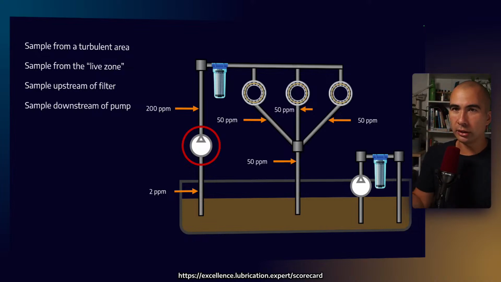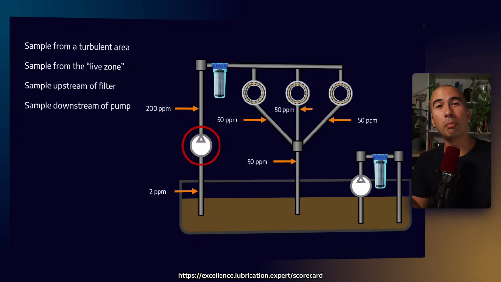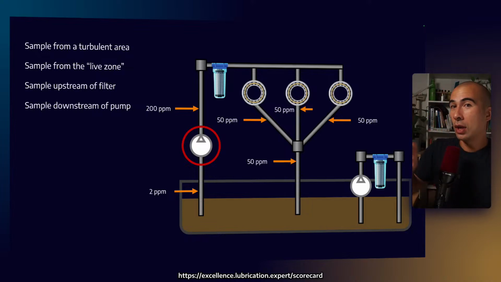So in a hydraulic system, if we want to see what kind of wear the pump is experiencing, we need to do it after the pump and before the filter. But alternatively, if I think that one of the bearings is wearing, then I would need to sample downstream of the bearings before the reservoir. So where we sample is also going to have a very large impact on the results.